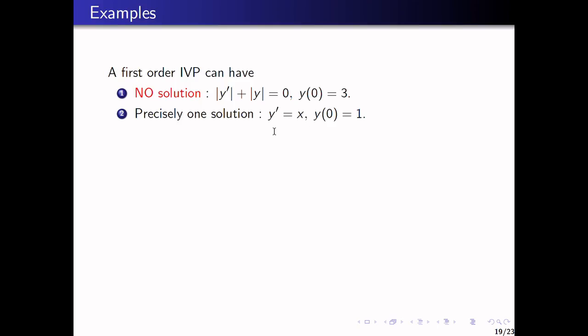That solution of the differential equation will be y is equal to x square by 2 plus c, and when you substitute y(0) is equal to 1, since the equation is y is equal to x square by 2 plus c, when x is equal to 0 and y is equal to 1, we get c to be equal to 1. So the solution of this differential equation is y is equal to x square by 2 plus 1. It's the unique solution.